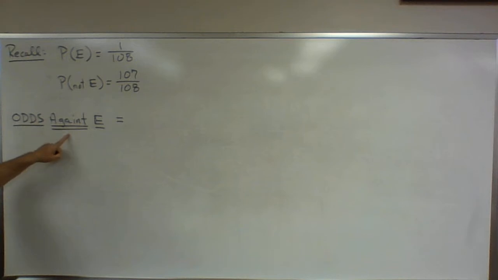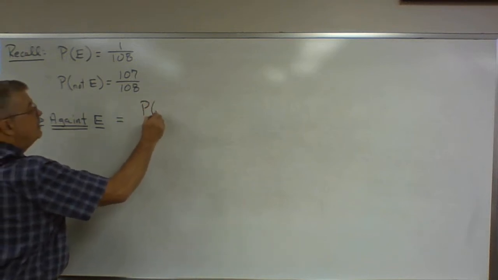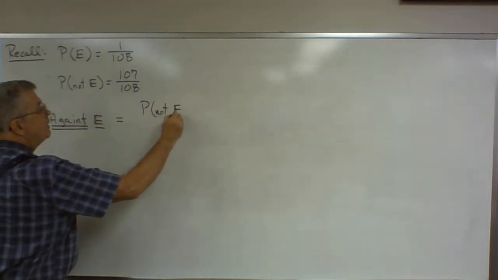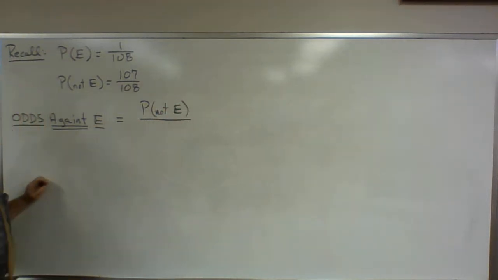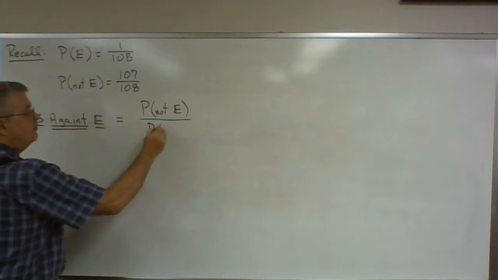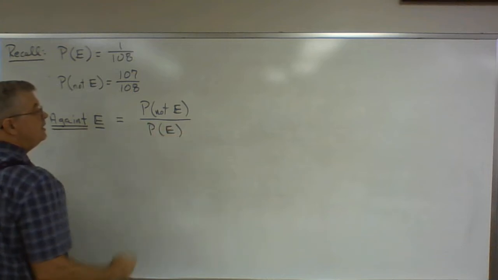The odds against E occurring, that's the probability that E does not occur over the probability that E does occur.